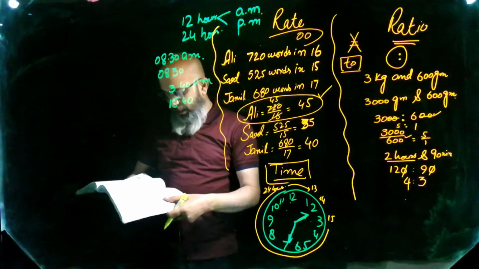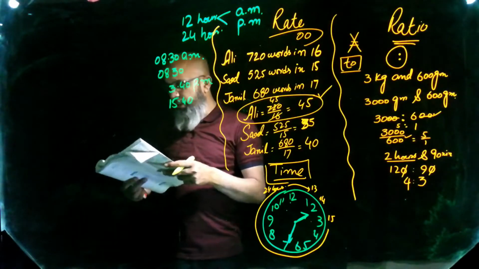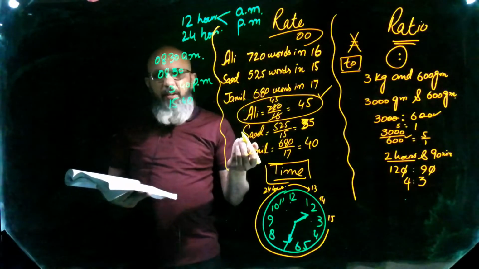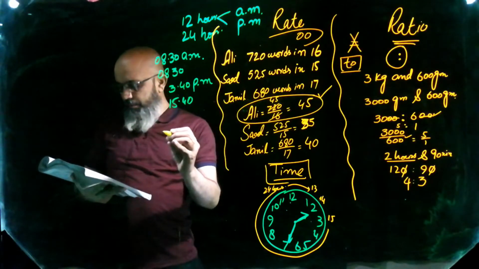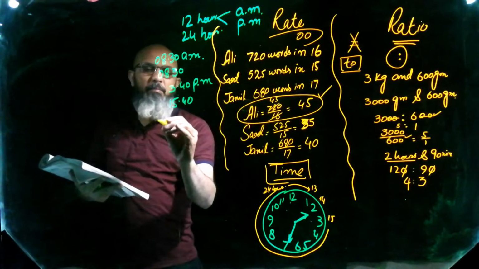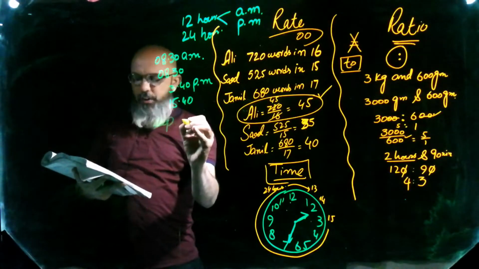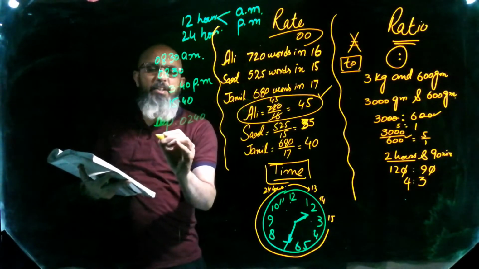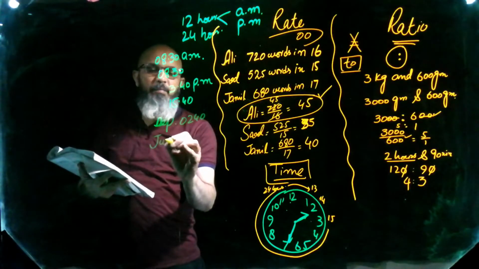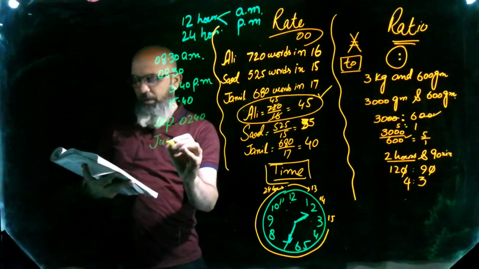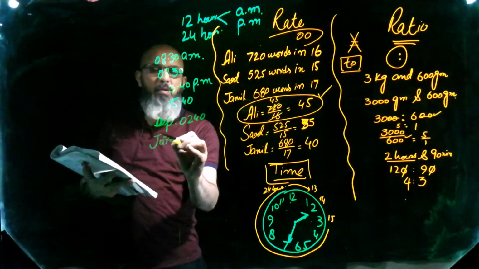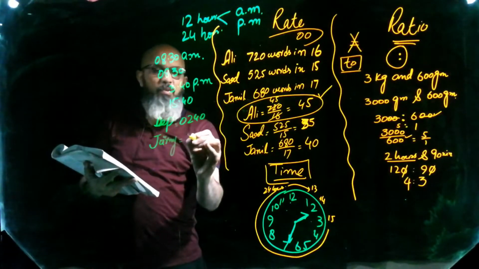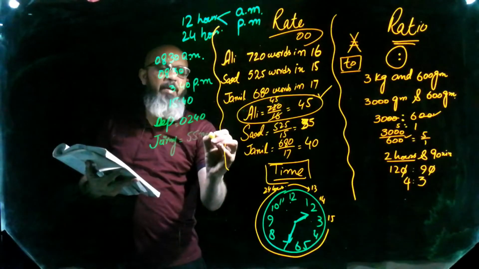Suppose we have a question: a train's departure time is 2:40 and its journey time is 55 minutes.